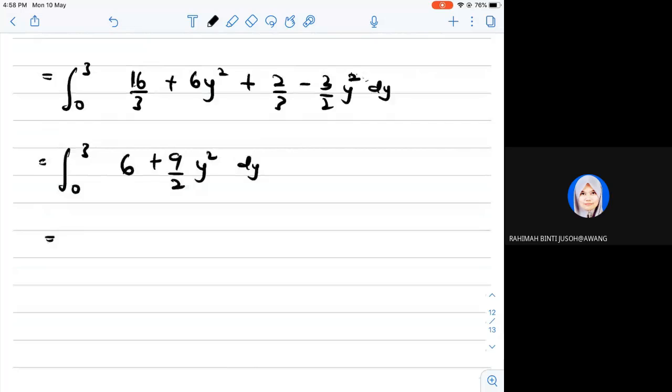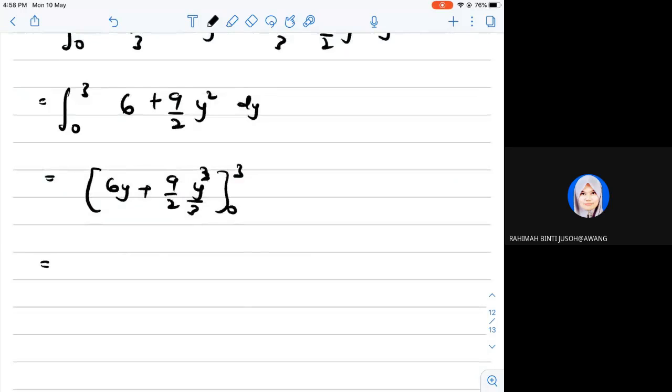Okay. Kalau gitu dia jadi 6y tambah 9/2 y kuasa 3 per 3. Substitute 0 dengan 3. 6 kali 3, 18. Tambah 3 kuasa 3, 27 bagi 3, 9 kali 9, 81/2.